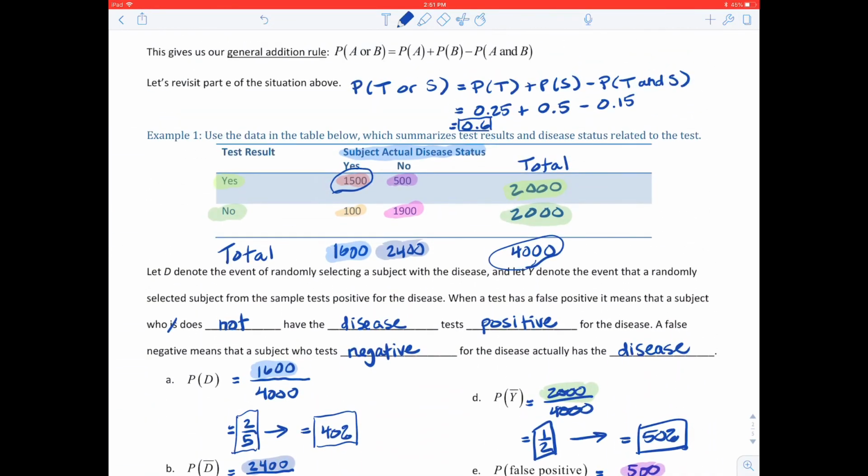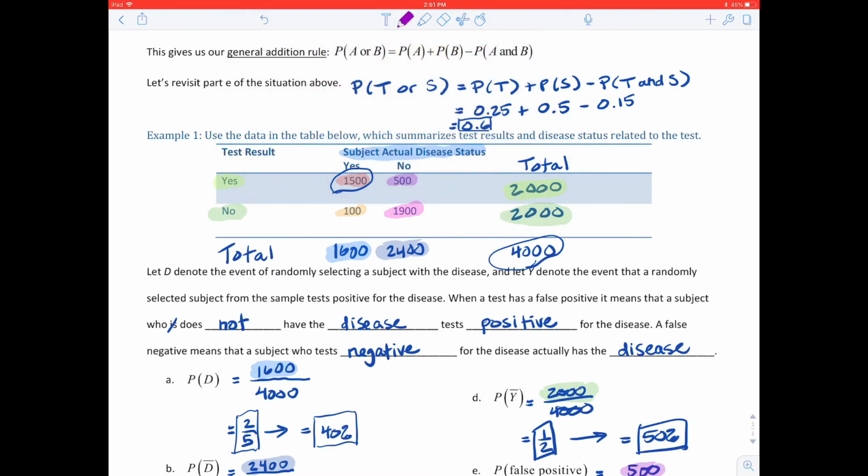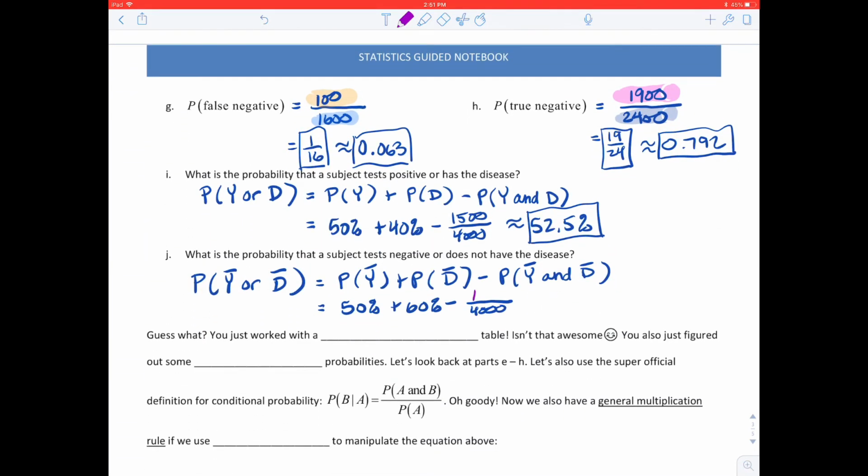And over here, the number of subjects who do not have the disease and test negative is 1,900 out of the 4,000, which gives you the probability. And when you finish computing that, this gives us approximately 62.5%.